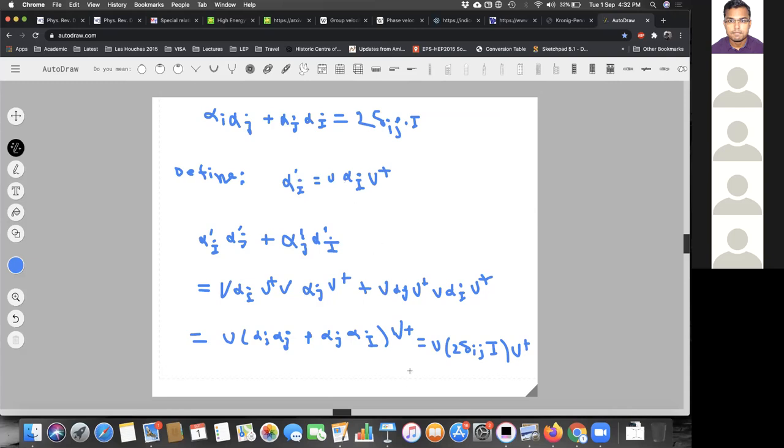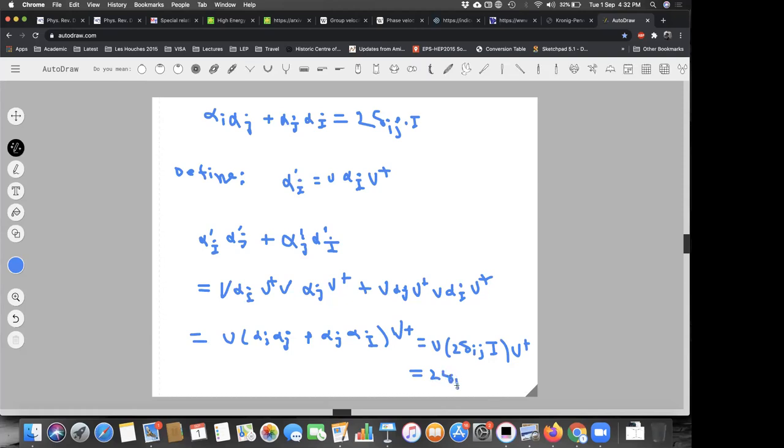Now we can take the twice delta ij outside U, because it is just a simple number. For given ij, this is just some number, 1 or 0. You can take this delta ij outside, and then you are left with U identity U dagger, which is again the identity matrix, right?